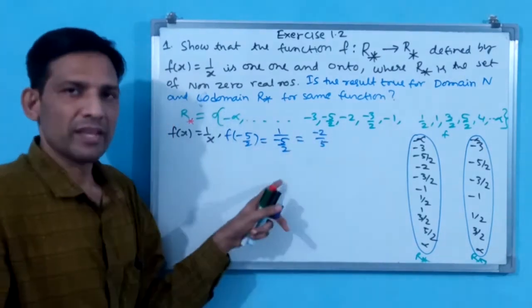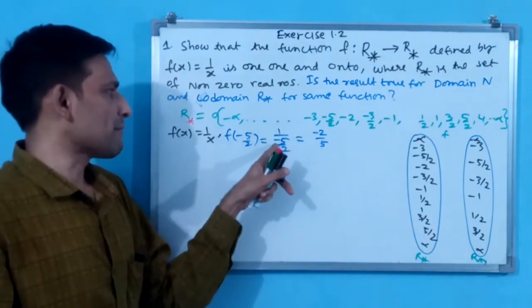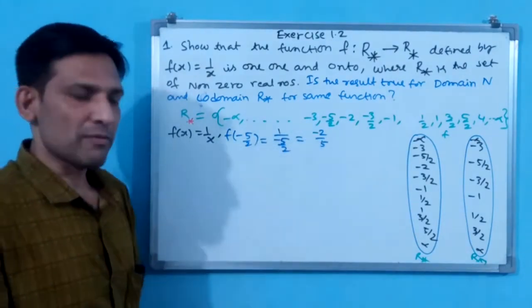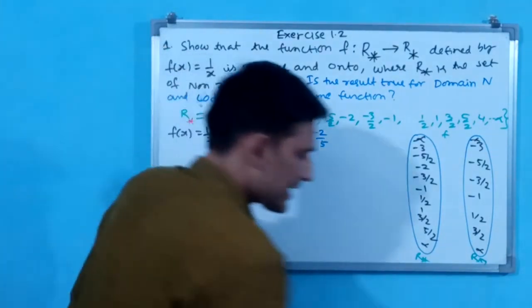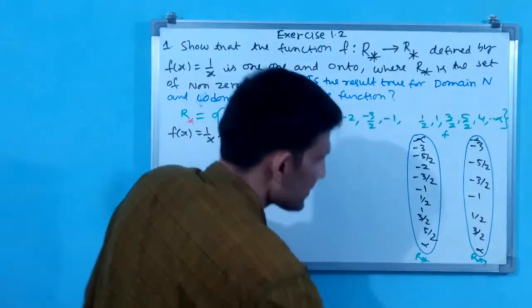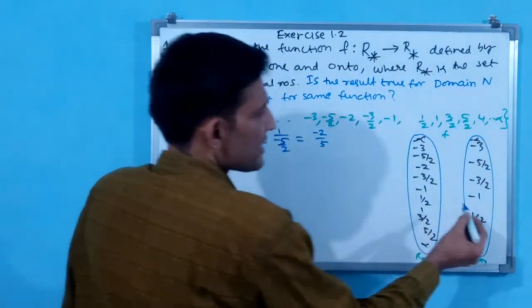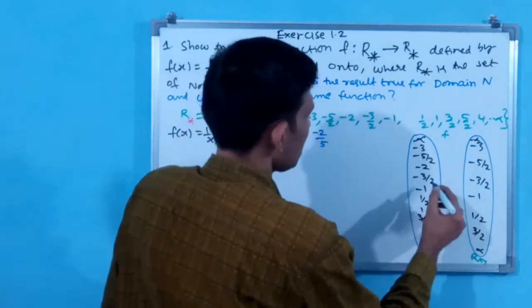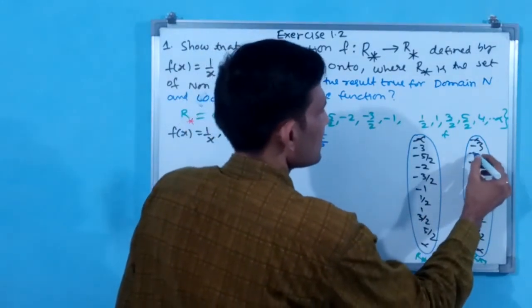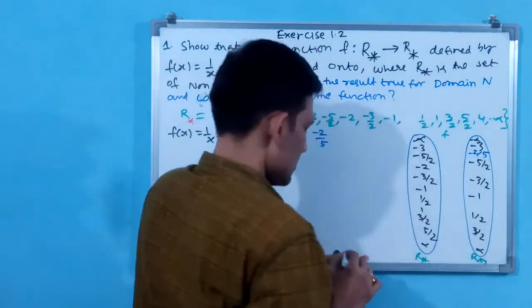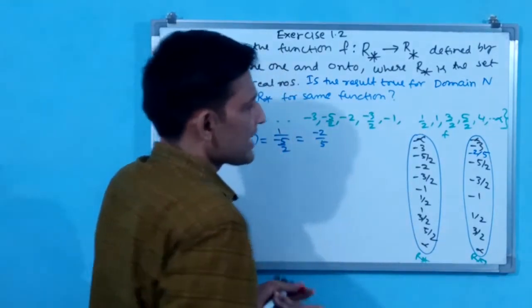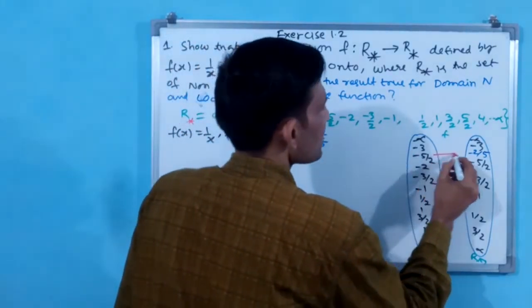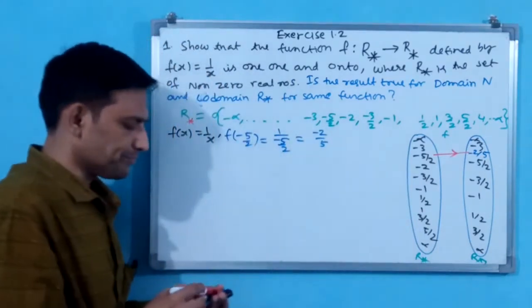Is it correct? Why? Because this 2 will go to the top and the minus is going to be transferred, minus 2 by 5. Okay, I am writing this also. See, minus 2 by 5 is also there. Now, this minus 5 by 2 is having a relation with minus 2 by 5.